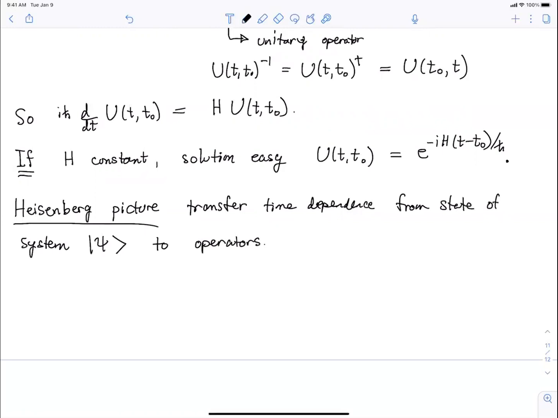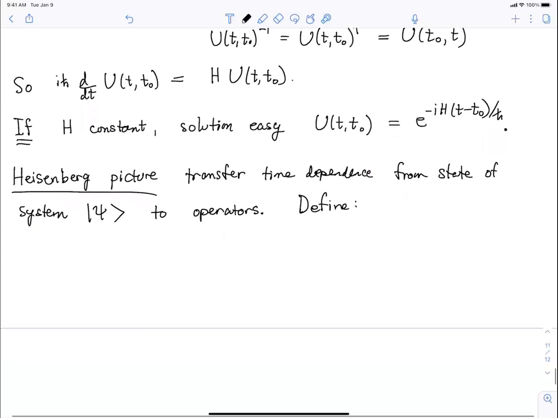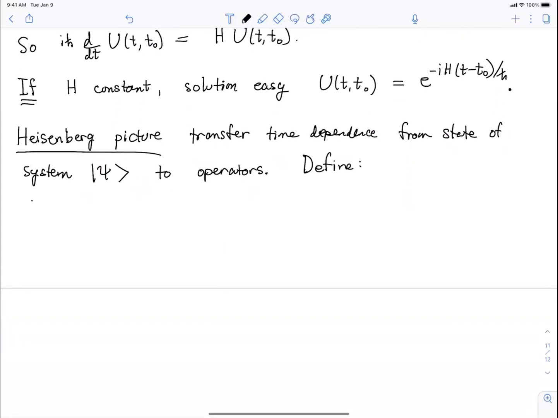Okay, and we do that just by making a definition. We're going to define what our Heisenberg picture states and operators are. So first of all, the state in the Heisenberg picture, we're going to define by the unitary operator, except with a dagger, acting on the Schrodinger picture state.